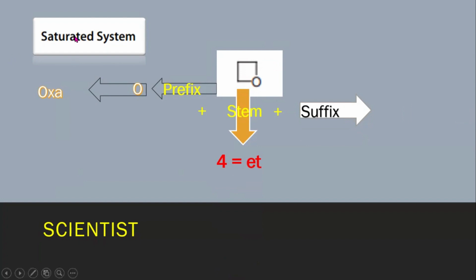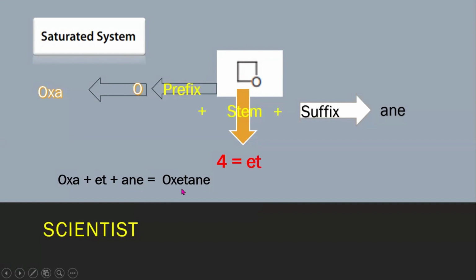We are discussing only saturated here, so it should be N. Let's name it: oxa for oxygen, et for stem, 4 member ring, and N for saturated system. So oxetane.